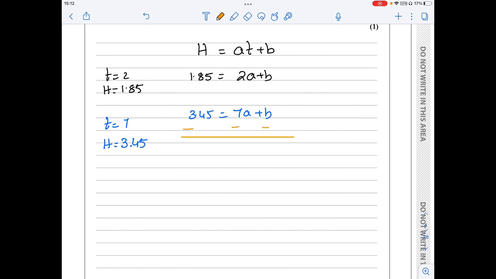So what am I going to get? 1.85 minus 3.45 gives me negative 1.6 equals negative 5a. So a equals 1.6 upon 5. When I divide 1.6 by 5, I get the value of a as 0.32.